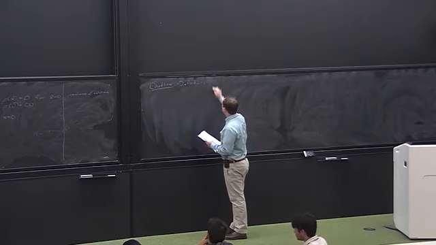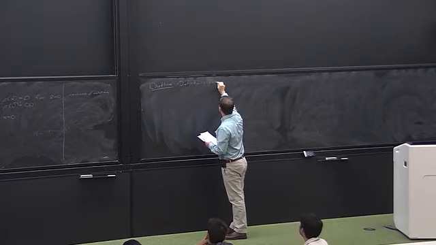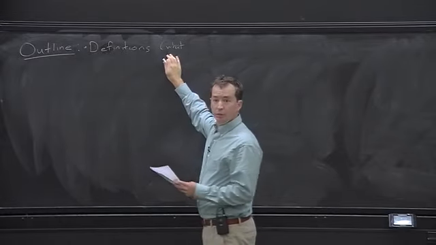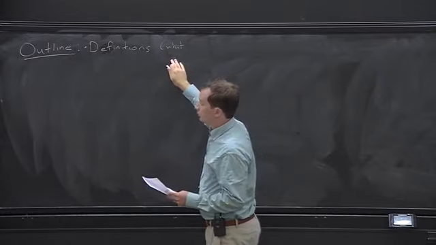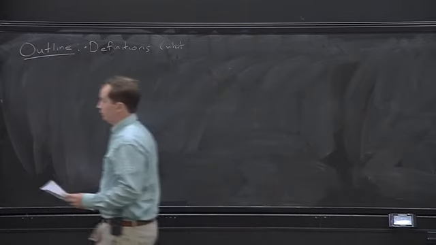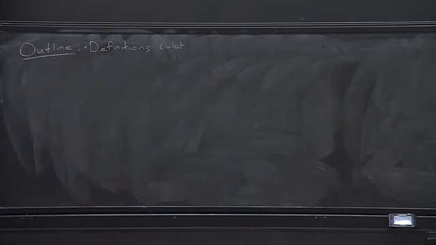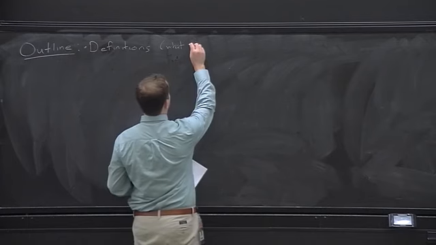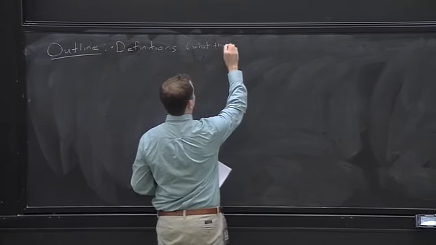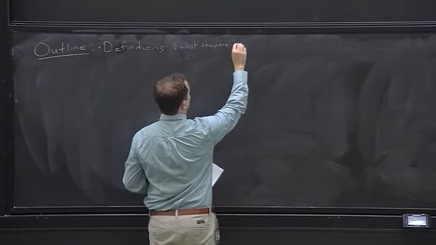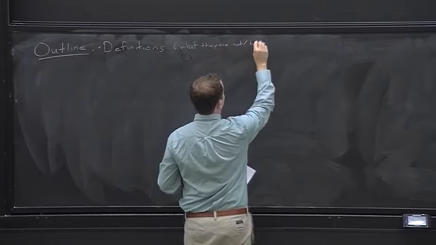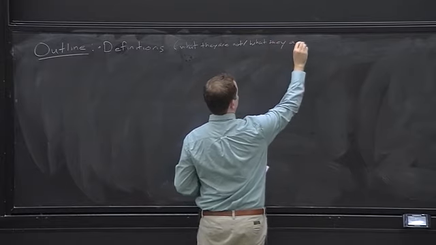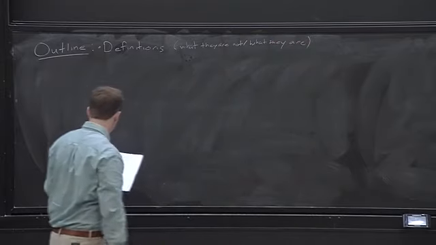So first, I'll expand a little bit on why it's problematic to think about, for instance, the Dirac delta as a function. So first, what they're not. And then discuss what distributions are.